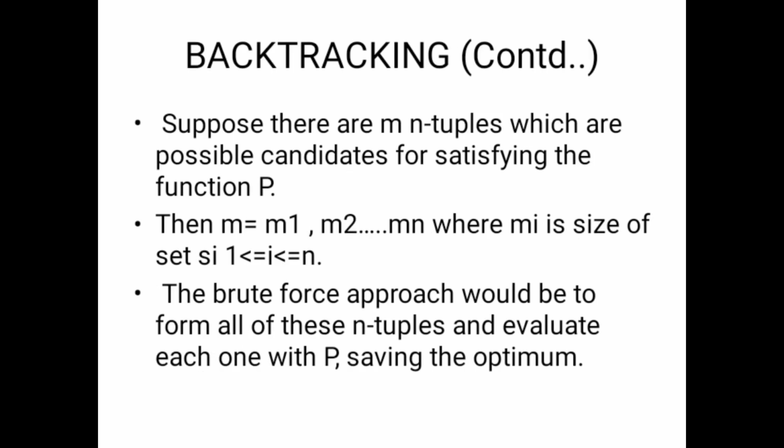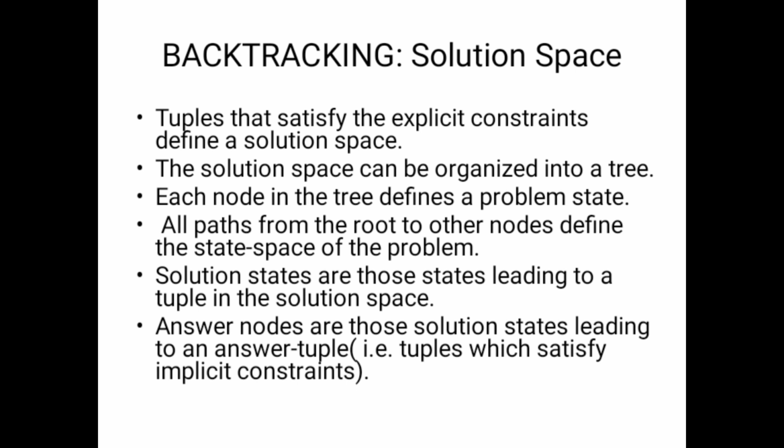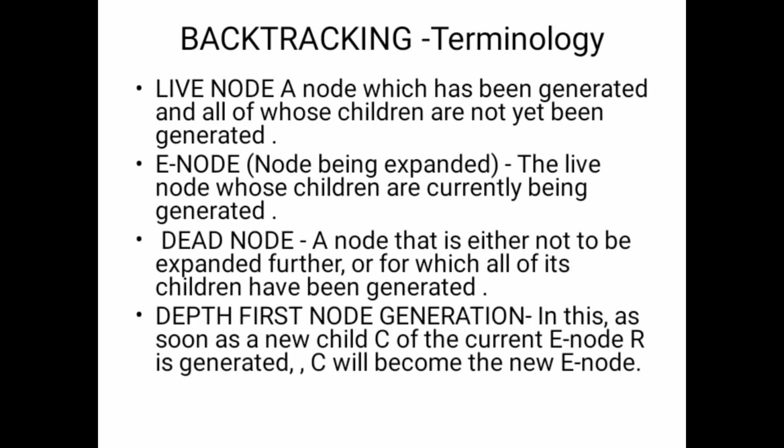Next, we will see different terminologies associated with backtracking. A live node is a node which has been generated but all of whose children have not yet been generated. An E node is the node being expanded, the live node whose children are currently being generated.